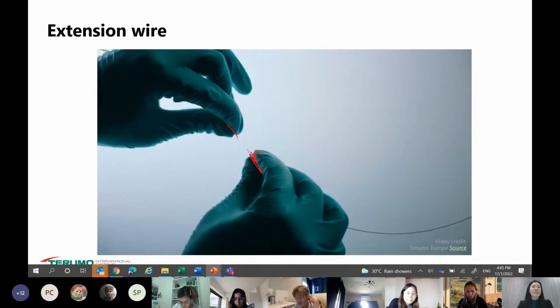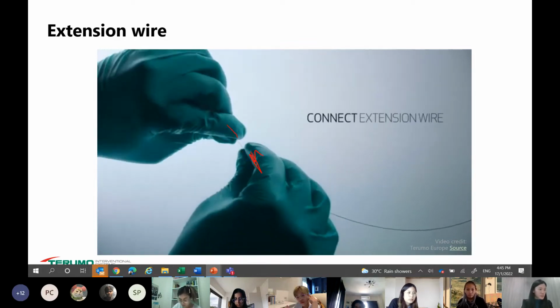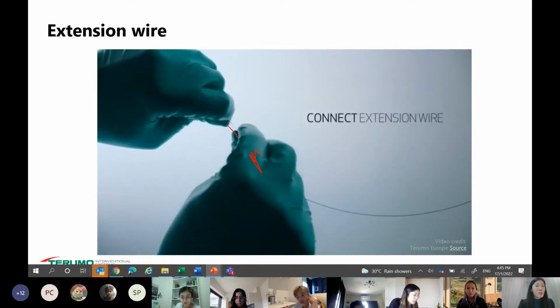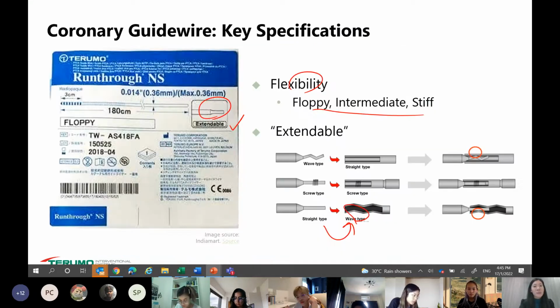So this is one thing to note about extension wire. We typically don't cross brands for this because it may not attach well, since the types actually differ. So we need to be very careful about which extension wire we use.